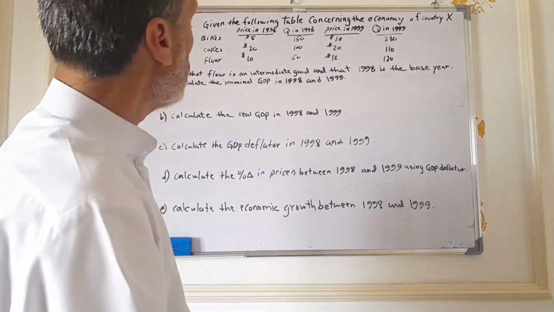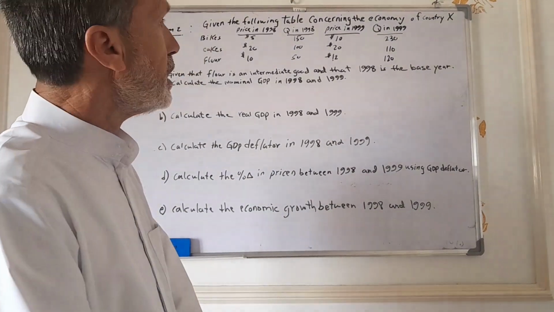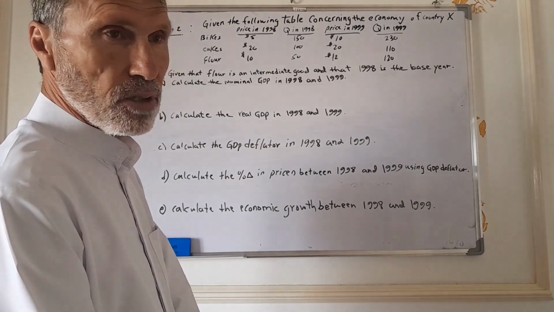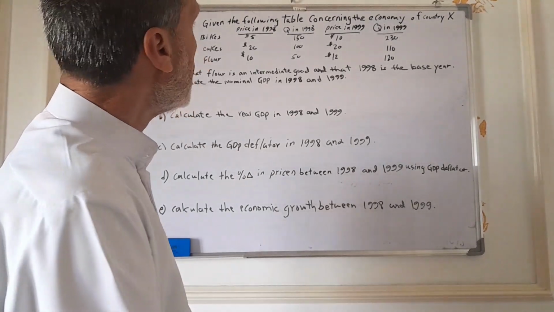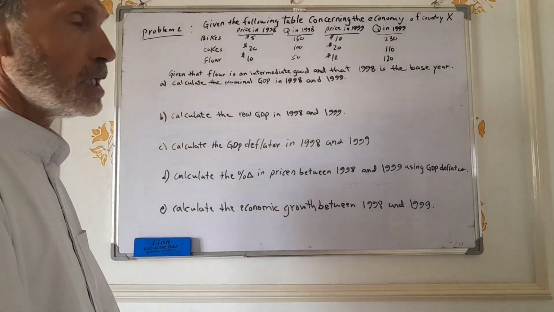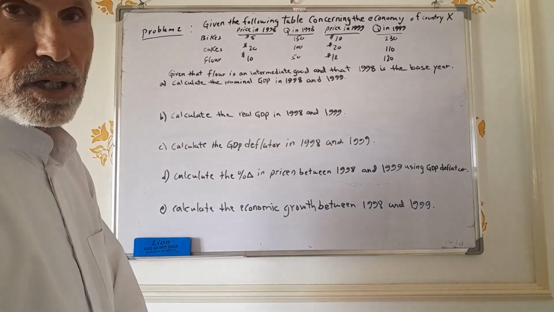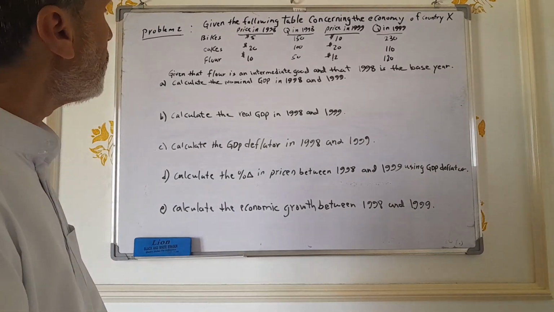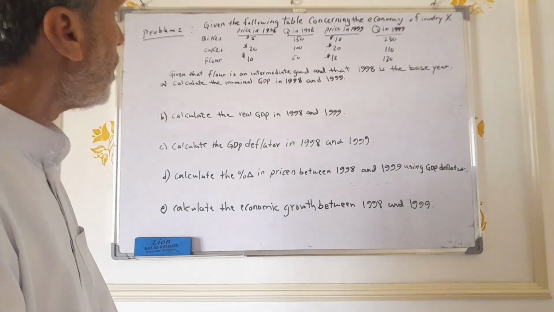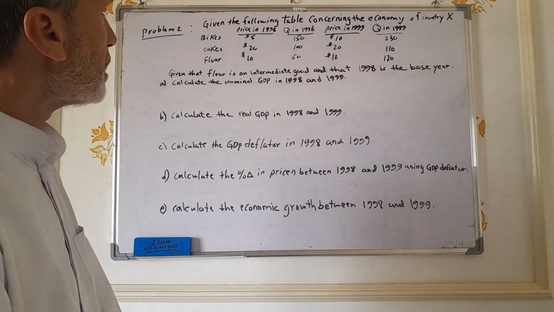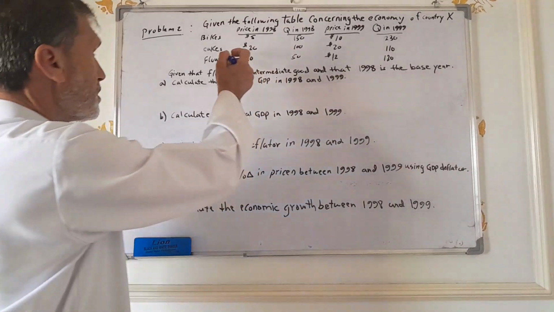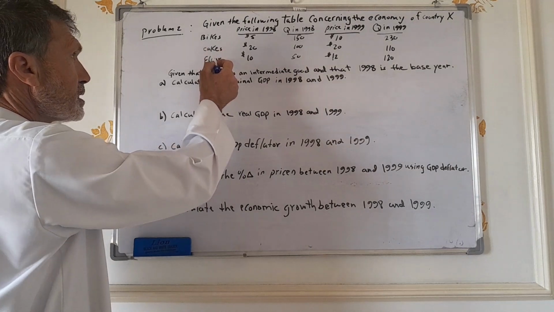Now we move to the second question concerning the midterm, the sample of questions for the midterm exam. This problem 2 is from the chapter about nominal GDP and real GDP. As you can see here, we have a table of goods that are produced in a certain country X. The country is producing bikes, cakes, and flour.